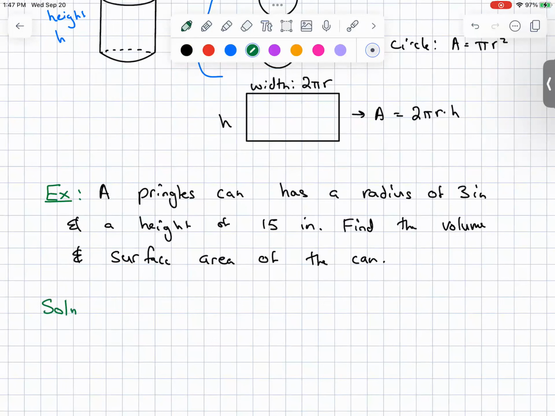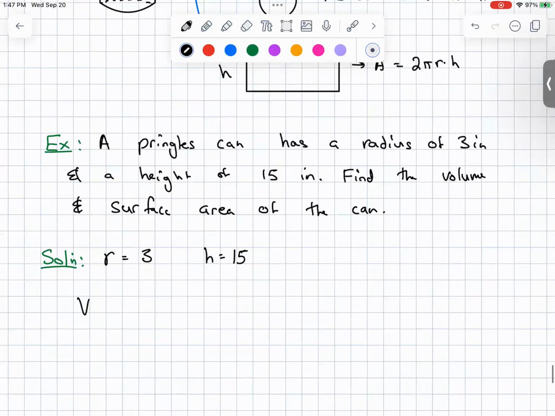I mean, we could draw a picture if we want, but we already have everything we need. We have the radius is 3 inches and the height is 15 inches. So the volume is pi r squared h, which in this case would be pi times 3 squared times 15.